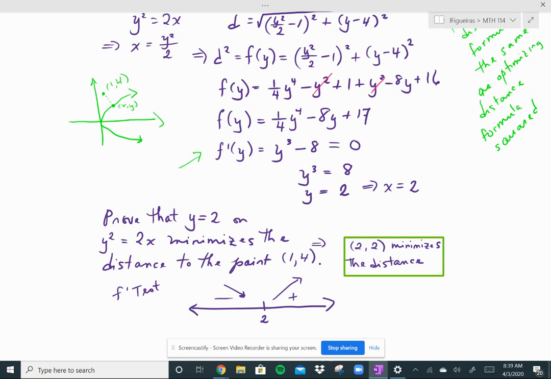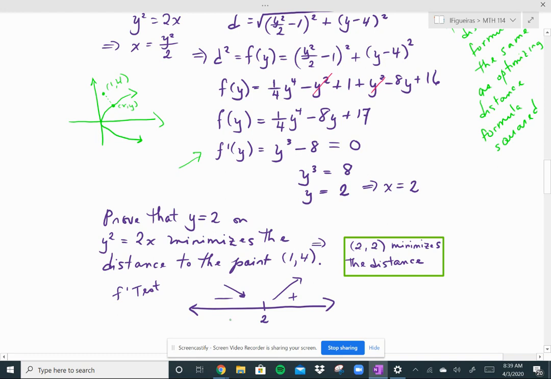So if I pick something less than 2 and plug it into f prime, you get a negative result. For example, if you plug in 1 into f prime, that gives you negative 7. So that means the graph is decreasing before 2. If you plug in something greater than 2, like 3, you get a positive result.